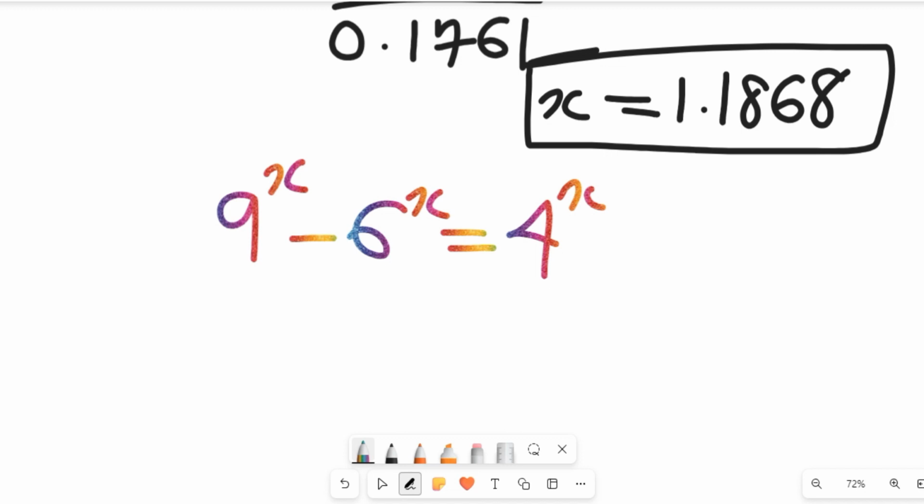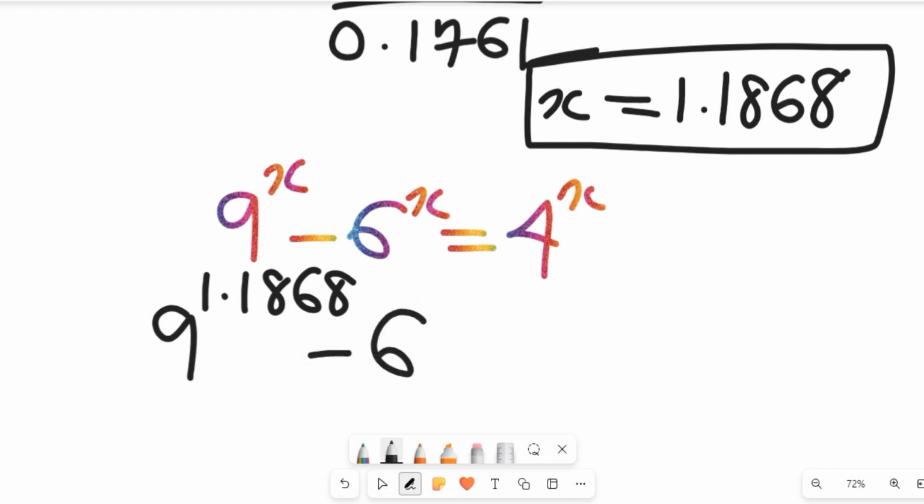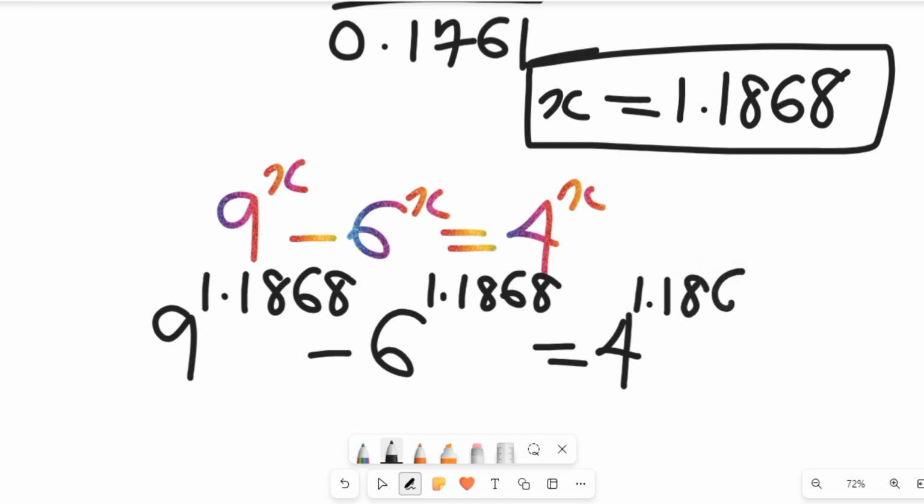Now let's take the value of 1.1868. So the value of 9 to the power of 1.1868 minus 6 to the power of 1.1868, will it be equal to the value of 4 to the power of 1.1868? Let's check.